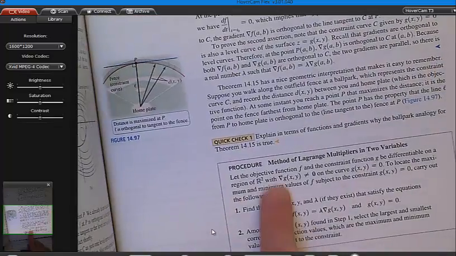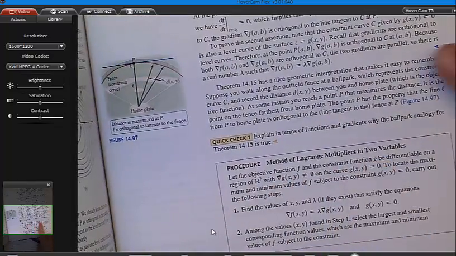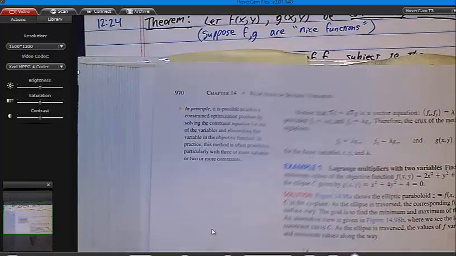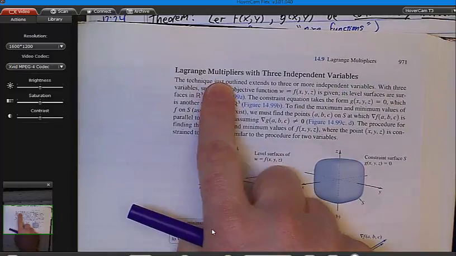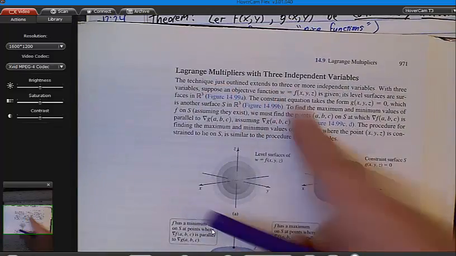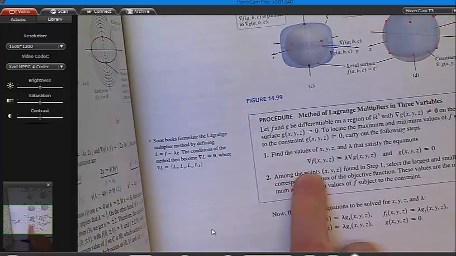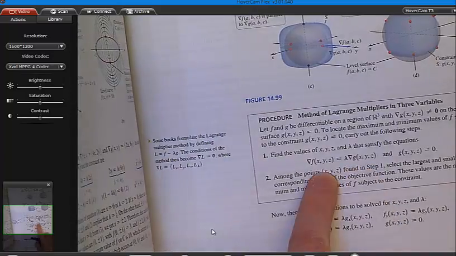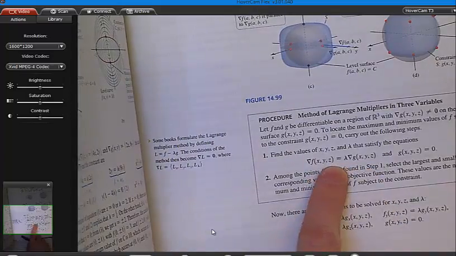See, procedure, method of Lagrange multipliers in 2 variables. Let me turn the page. So this is actually page 971 of your book. Lagrange multipliers with 3 independent variables. Look at the procedure box. It says grad f is equal to lambda grad g. But notice how it's x, y, and z, right?